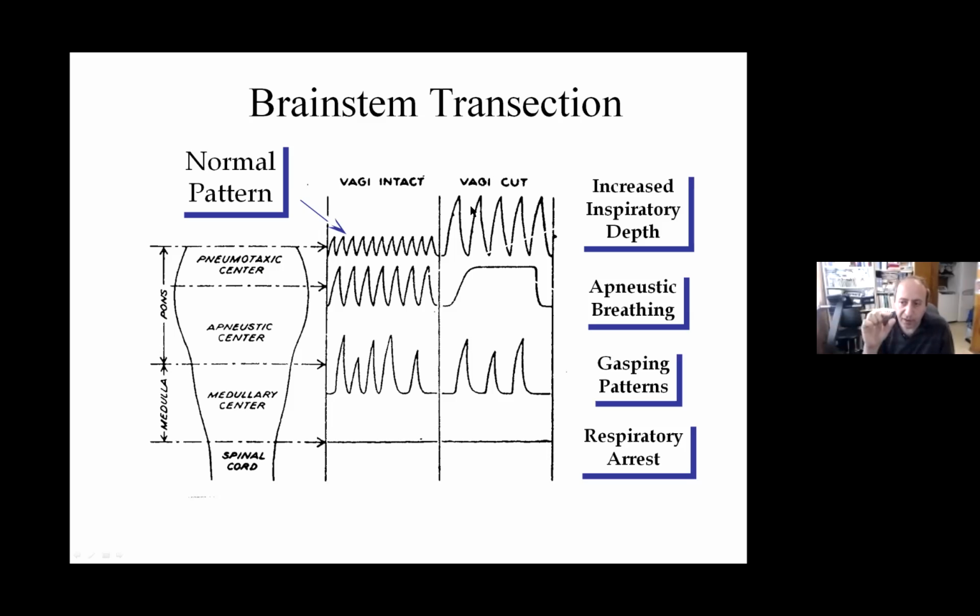So each breath takes shorter time, but at higher frequency. So when we cut the vagus, we disinhibit, and so the breathing will become increased in depth.